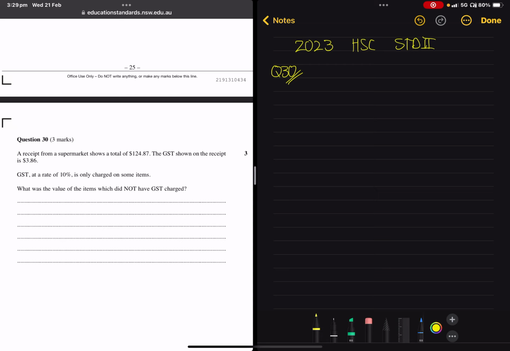Alright, so the total in this case is 124.87, and this consists of two separate parts. It consists of the no GST items, some items are exempt from GST, and the GST items. Now GST is 10% on top of the cost of the goods purchased.